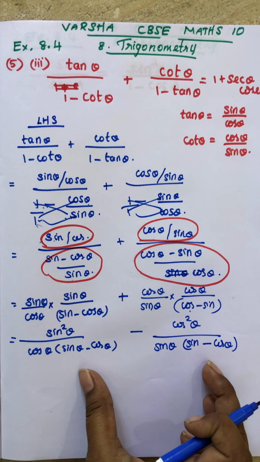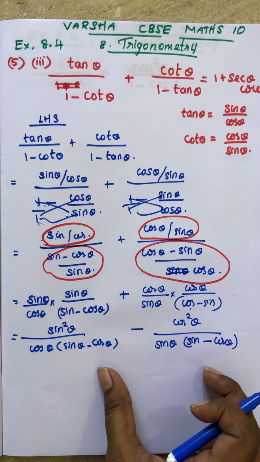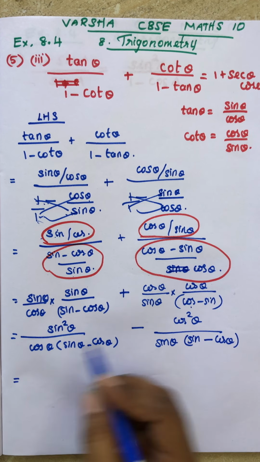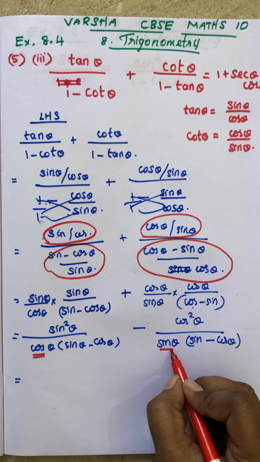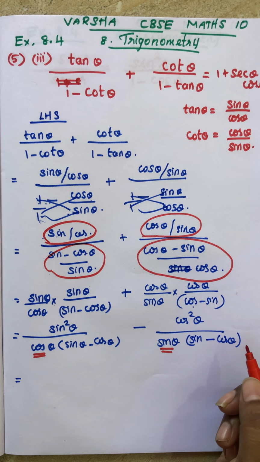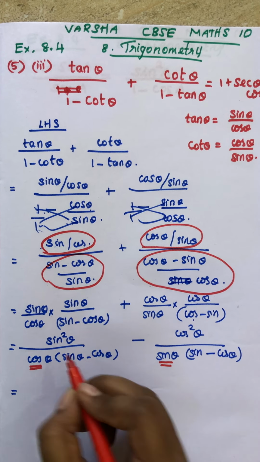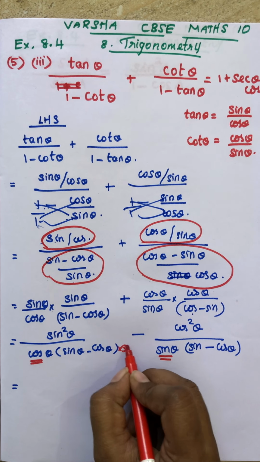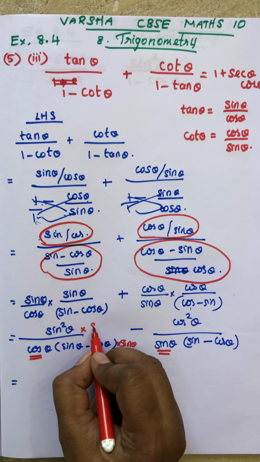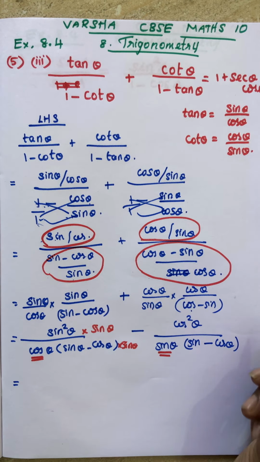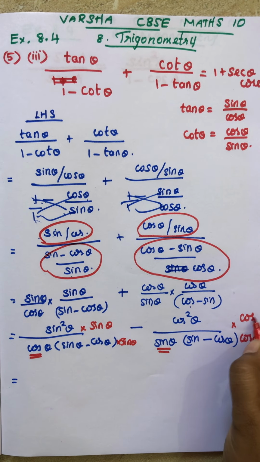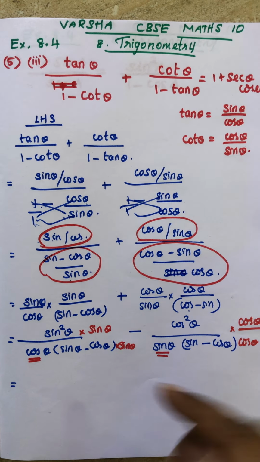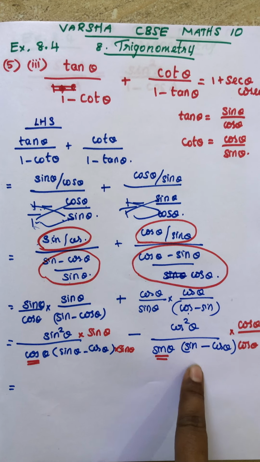Okay. See now in the denominator this term is equal by taking minus outside. But still it is not equal. So you have to take LCM. How will you take LCM? Because here sine cos is there and here sine is there, so you have to multiply. What to multiply? The denominator by sine theta and the numerator by sine theta; this is by cos theta and cos theta. I am just taking my LCM.